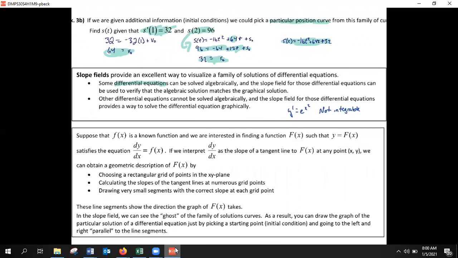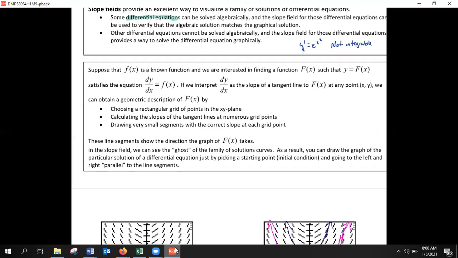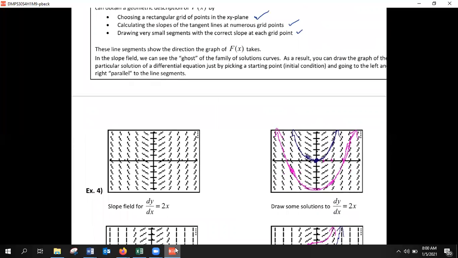So anyway, if we have a known function, then we can interpret dy/dx as the slope of the tangent line at any point. What we're going to be doing is taking a rectangular grid of points. With that rectangular grid of points, we're going to calculate the slopes at all these places, and then we will draw line segments to create this actual slope field.